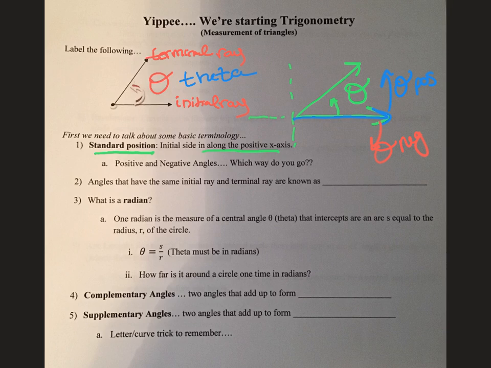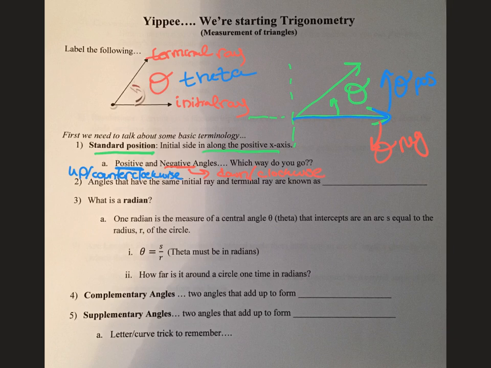I'm going to write that underneath. So we would go up or counterclockwise for our positive ones. And for our negative angles, we would go down or clockwise.